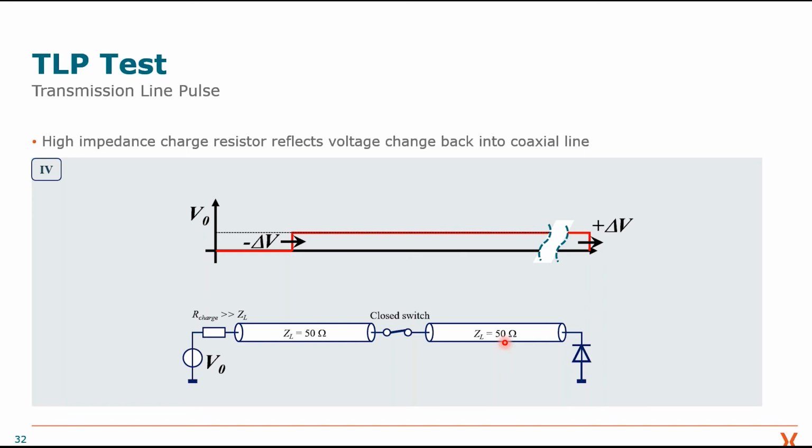The idea behind TLP testing was first the bad repeatability of the ESD gun or the ESD event itself. Lucas told us at the beginning that we have really high tolerances in the ESD pulse itself. This is one thing. We also have a high impact of the environment, for example the humidity of the air.